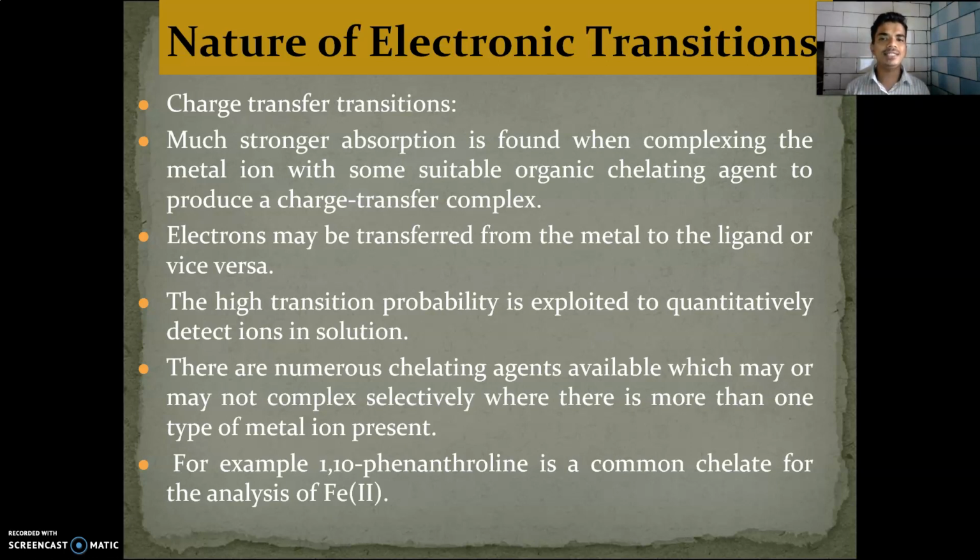This high transition probability is exploited for the quantitative detection of ions in solution. There are a number of chelating agents available which may or may not complex selectively, where more than one type of metal ion is present. For example, 1,10-phenanthroline is a common chelate for the analysis of ferrous iron.